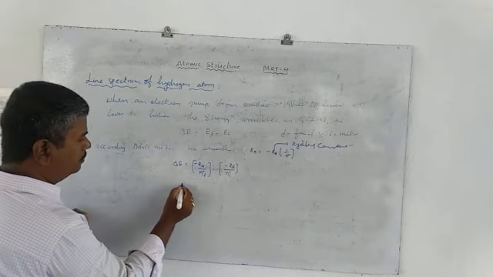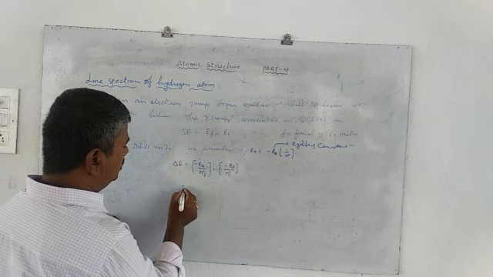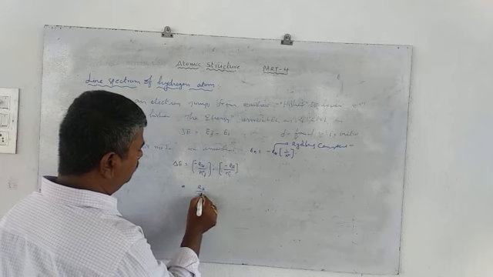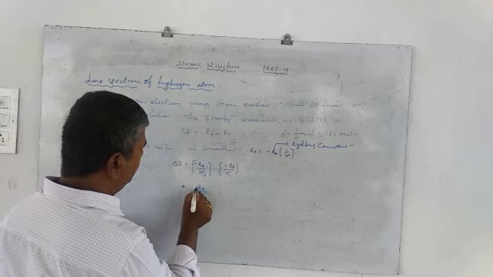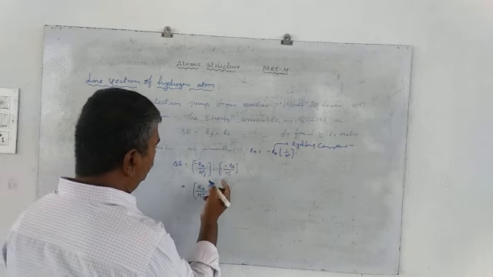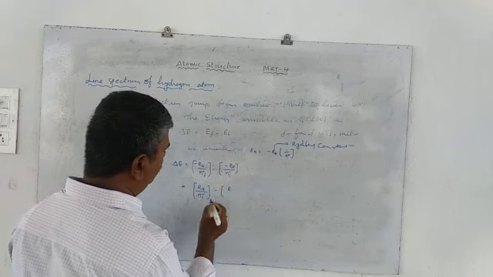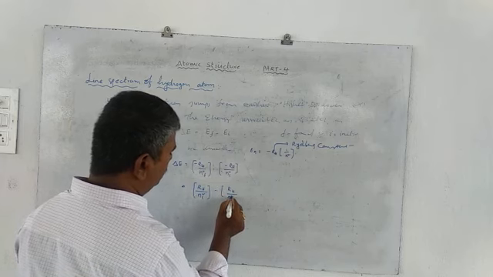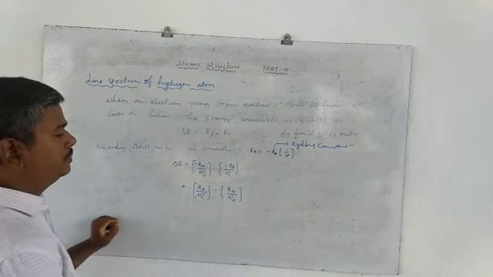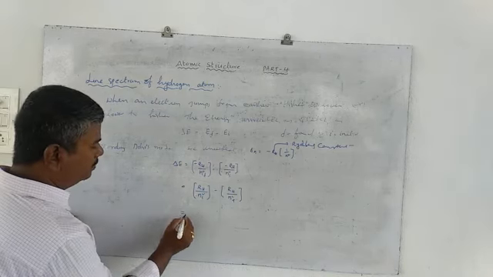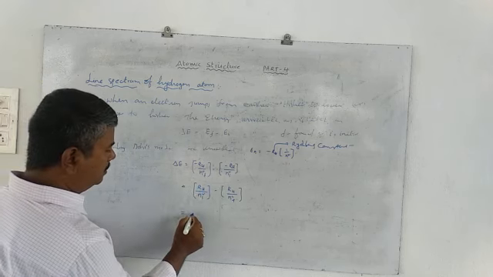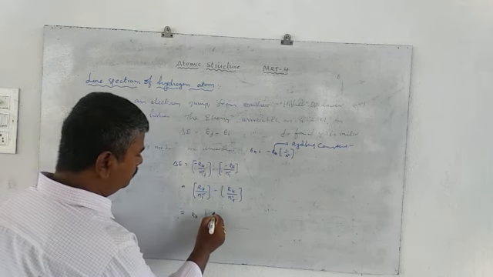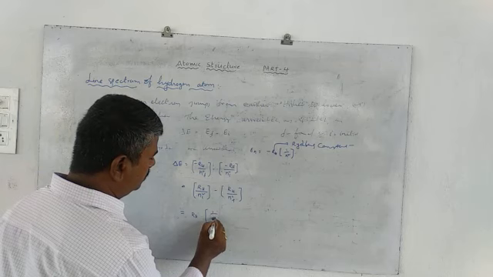Okay, so then what happened? We can rearrange the equation like as which one? RH by N square minus RH by N square.